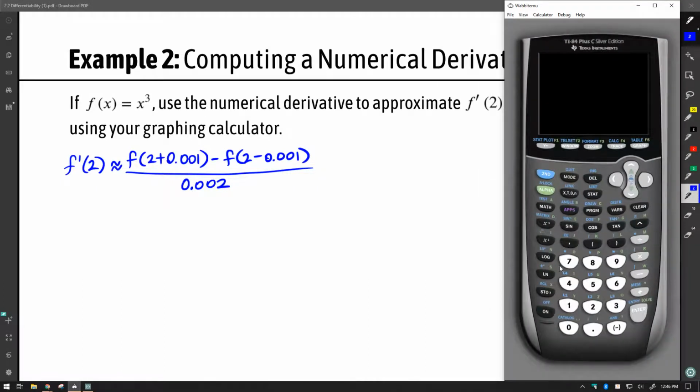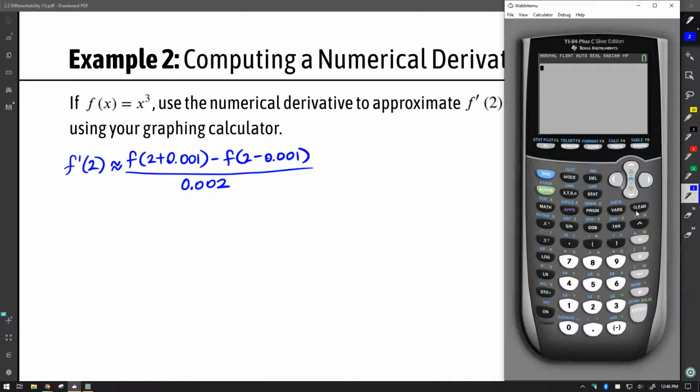So here's our calculator, and let's go back to the home screen. And we want to use the cubic function. So let's set up a fraction, and we're going to plug in 2 plus 0.001 there. So we're going to go parenthesis 2 plus 0.001 and cube it.